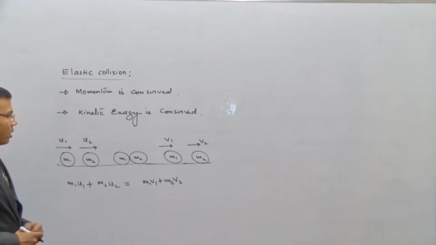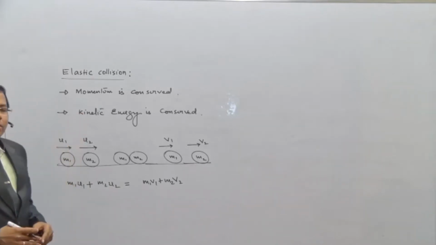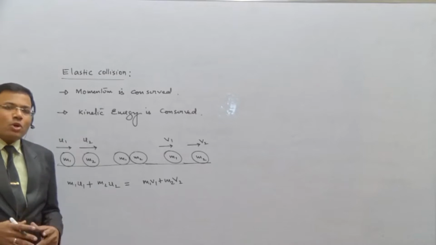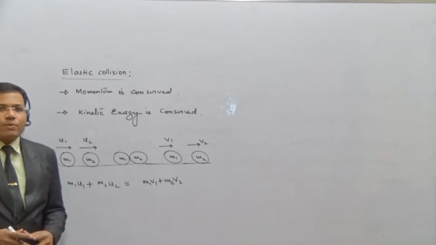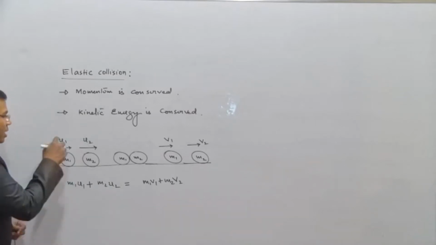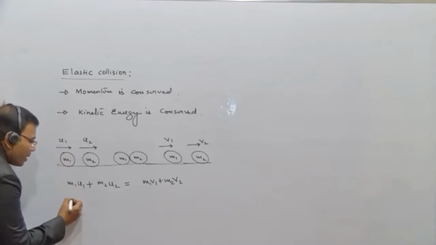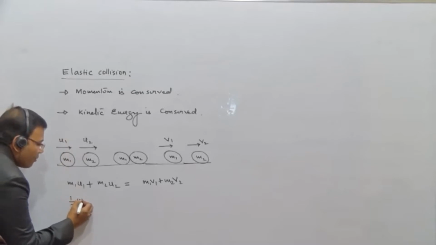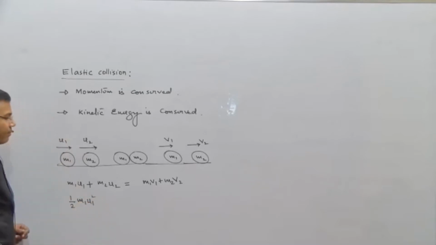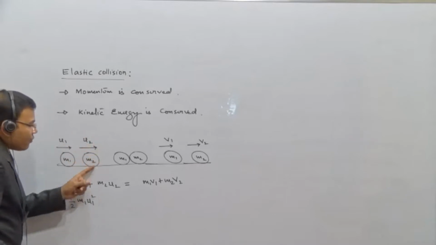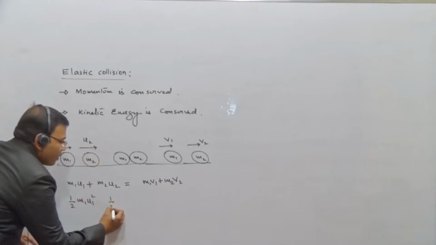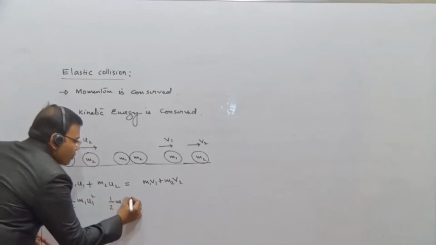The second one: if you want to apply the condition that kinetic energy is conserved, you know the kinetic energy formula is half m v square. So the kinetic energy of the first body is half m1 u1 square, and for the second body it is half m2 u2 square.